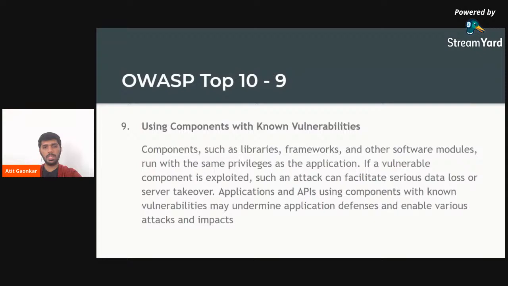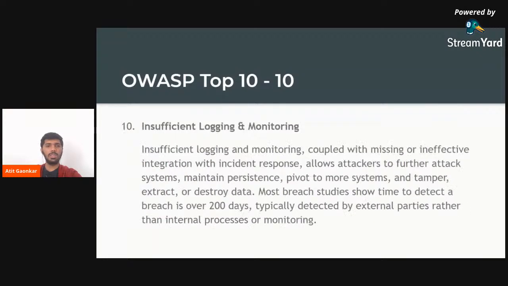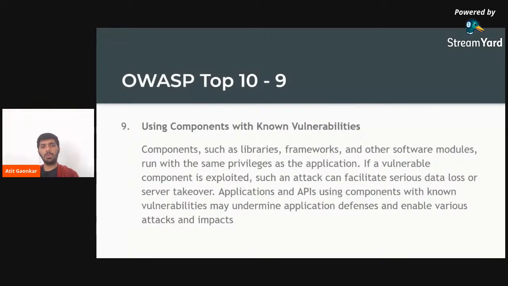I won't cover insecure deserialization. So using components with known vulnerabilities is, say, I built my system pretty secure, but I'm using, say, a router which is known to have a vulnerability. Then the system that I've securely built is of no use actually, because a third party component makes your system vulnerable.